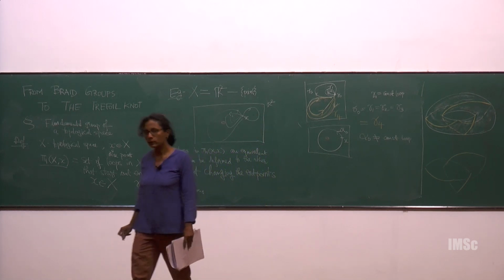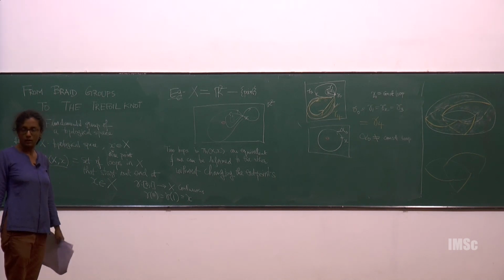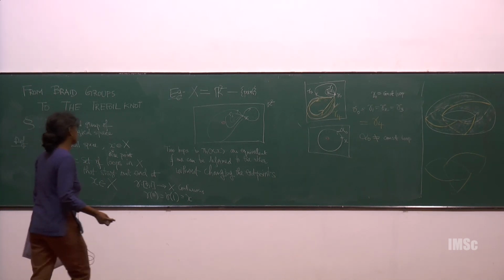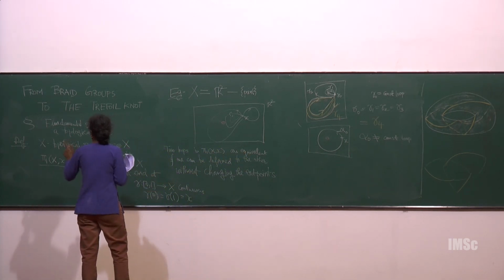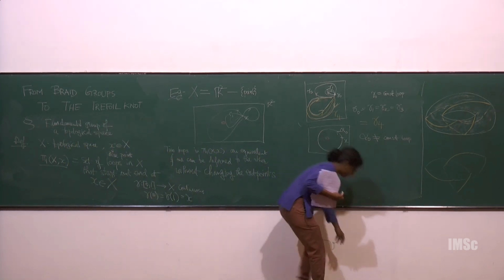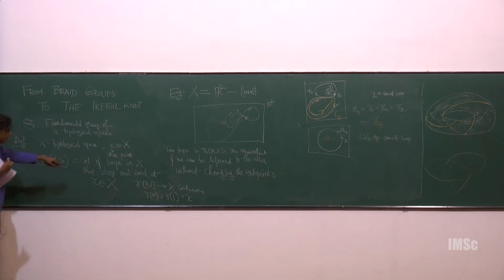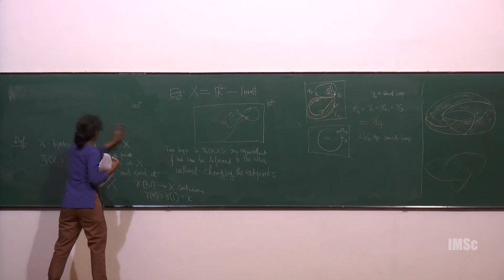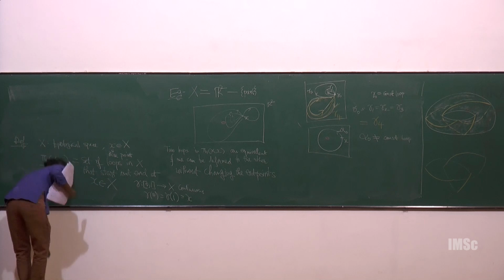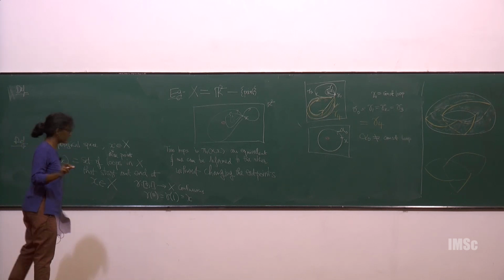Okay, now can you produce more elements which are different from all this? Yes. Okay, so before we get into all that, I want to give you one more definition, which is, eventually I want to make a group out of this. So I have to give you a multiplication operation.